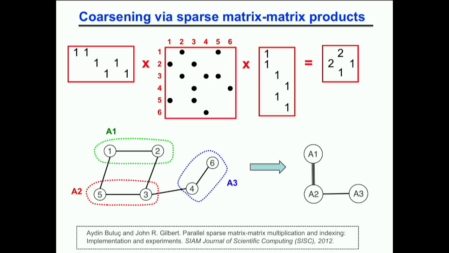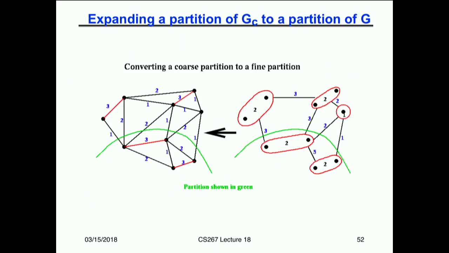You use that matrix on the left and its transpose on the right. Once you do this triple product, it will automatically compute the correct weights in the coarser graph. You can use this triple matrix product idea to form your coarser graph once you're given a matching. It's a nice, neat algebraic trick, but pretty much that's what it is.